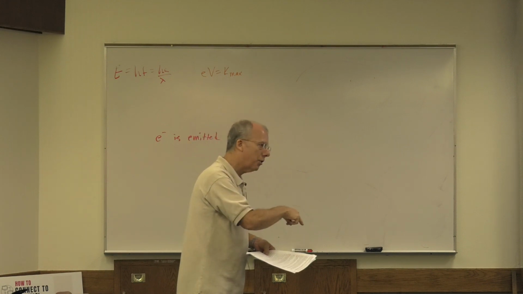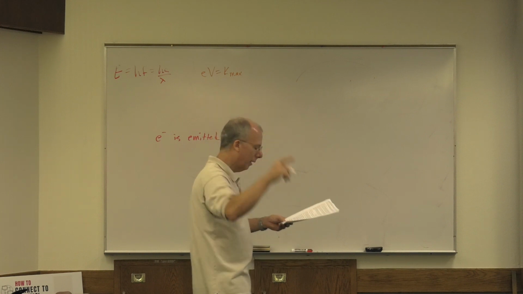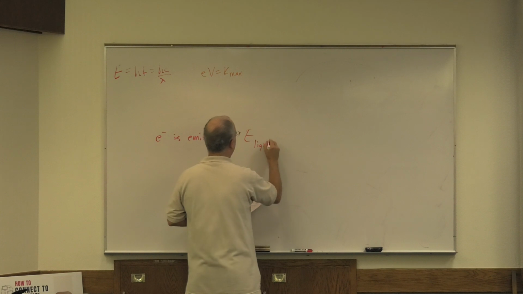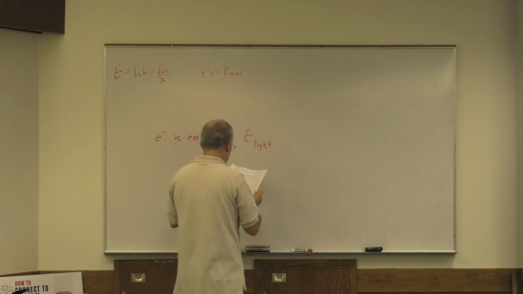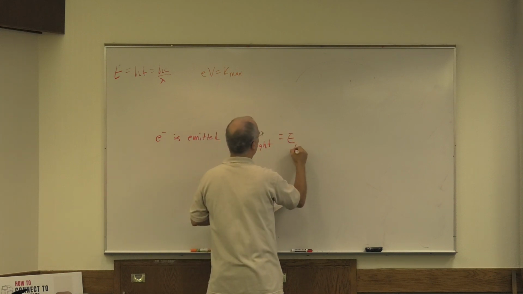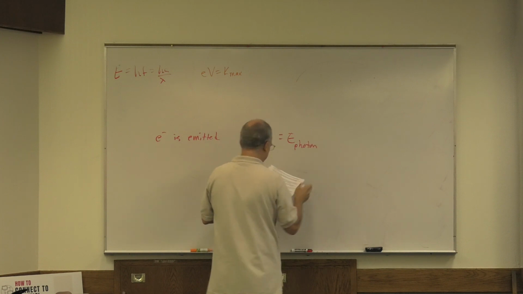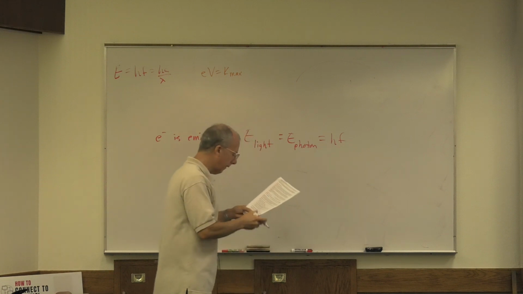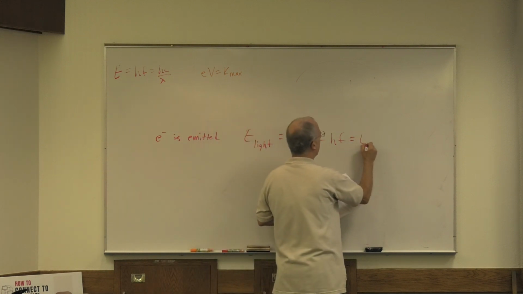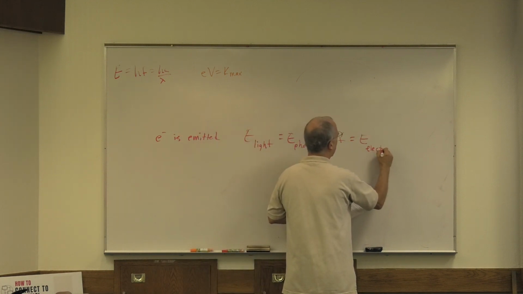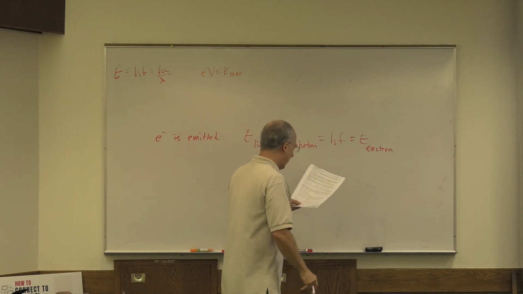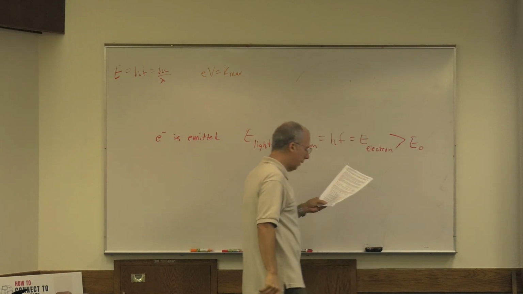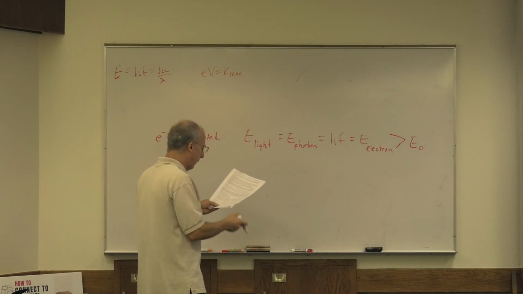If the electron's energy exceeds the work function, it's emitted. The energy of the photon is equal to hf. That's Einstein, hf, and all that energy gets transferred to the electron.